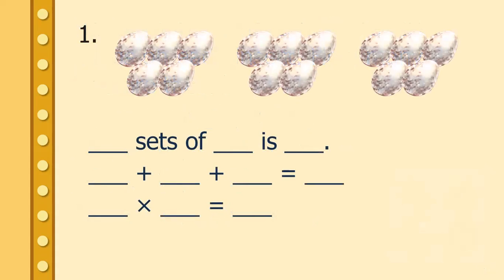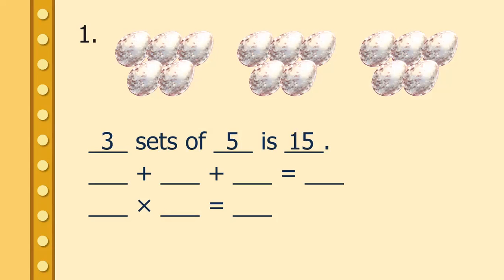Next, we have this problem, and this problem will be found in your book on page 93, and this is the first one. And it says we have 3 sets of 5 eggs. Okay, and so it's telling you right here, 3 sets of 5 eggs is 15.